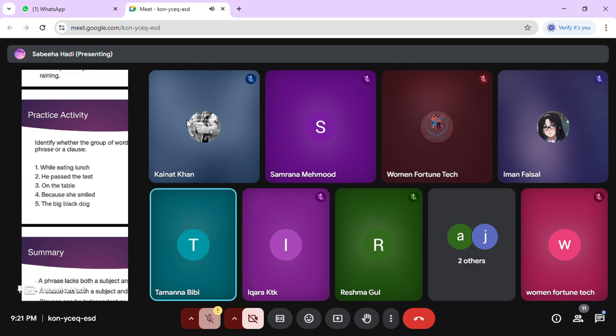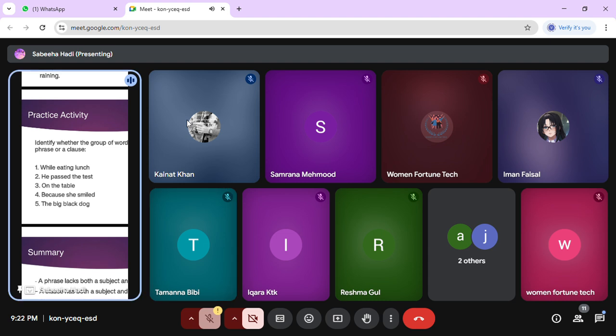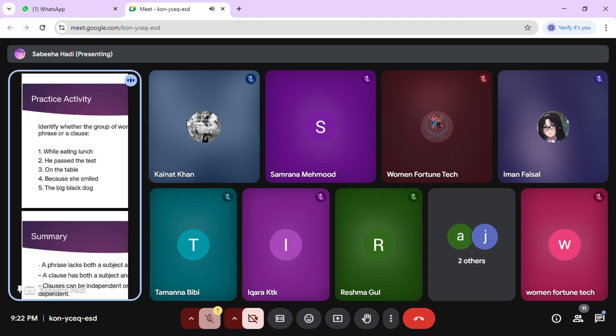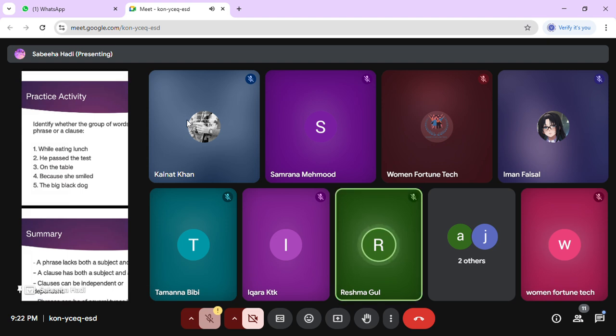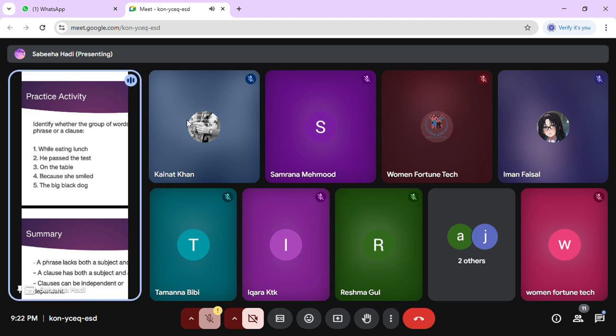Independent clause, yes, because it can stand alone. The third one is "on the table." Phrase or clause? Phrase, because it doesn't contain any subject or verb.